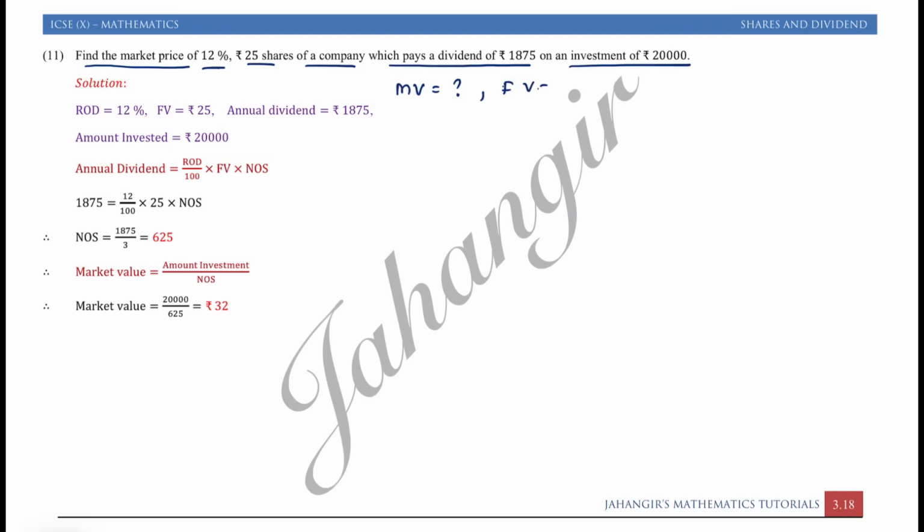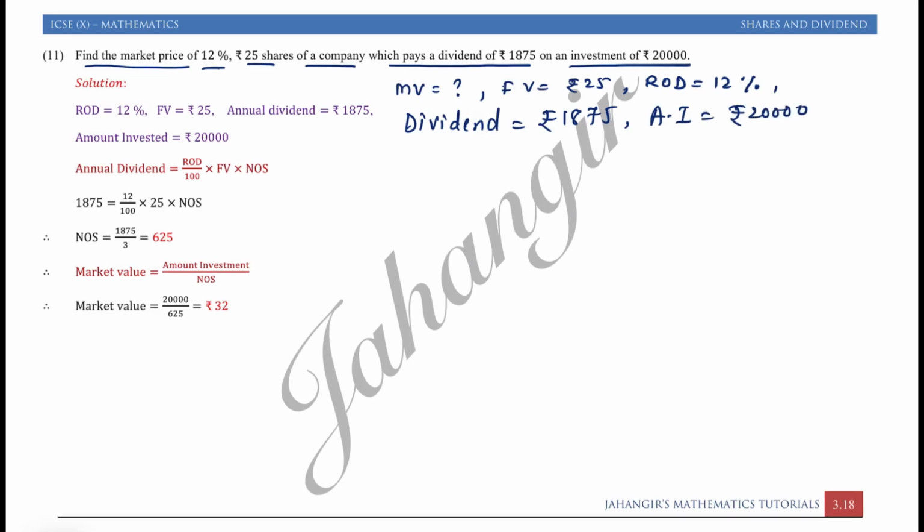Face value is given as rupees 25, because the company's share value is rupees 25, and it's a 12% share, so the rate of dividend is 12%. The company pays a dividend of rupees 1875 on an investment of rupees 20,000. So the amount invested is rupees 20,000.